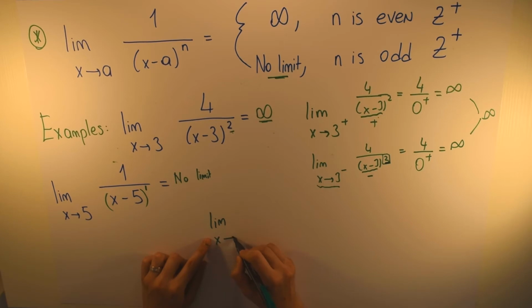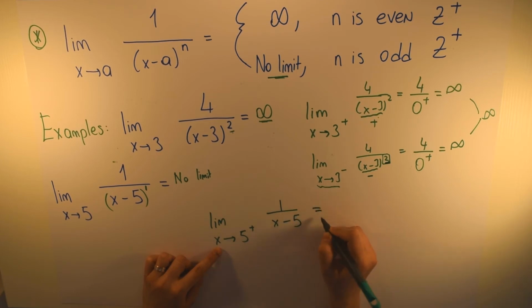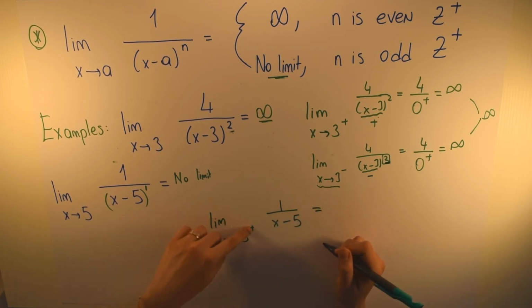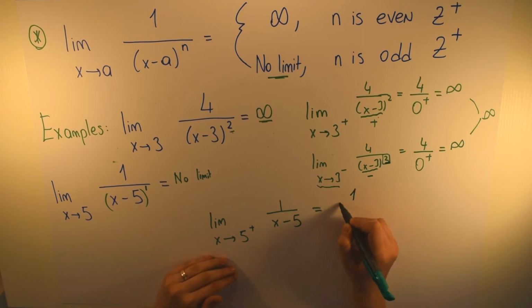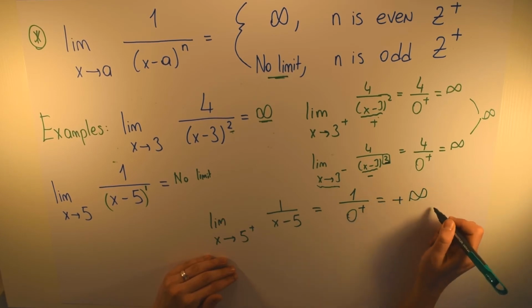The limit as x approaches 5 from the right side of 1 over x minus 5. This means that you will take the values greater than 5, right? So this will make it positive. So this will be equal to positive infinity.